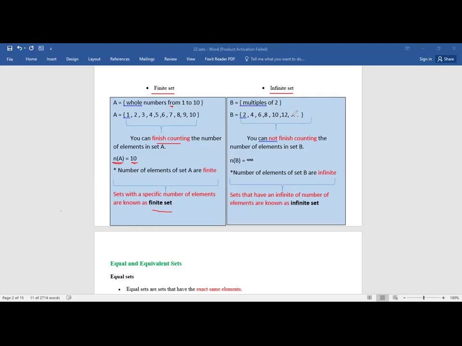So three dots means you cannot count. This continues 12, 14, 16, 18, 20, 22, and so on up to infinity. So the number of elements of B, the meaning of this one is the number of elements of B. So you have to count.